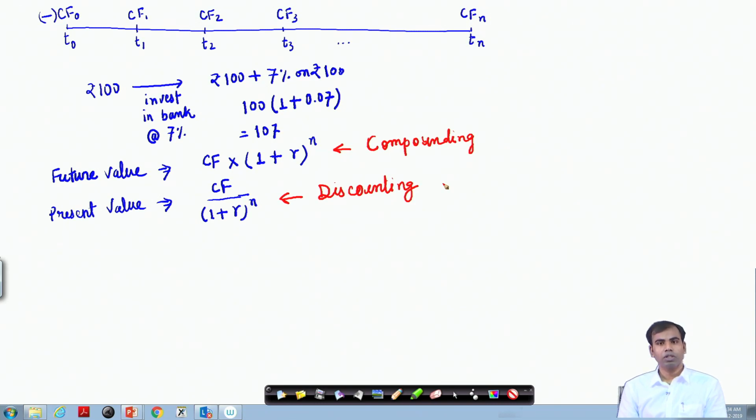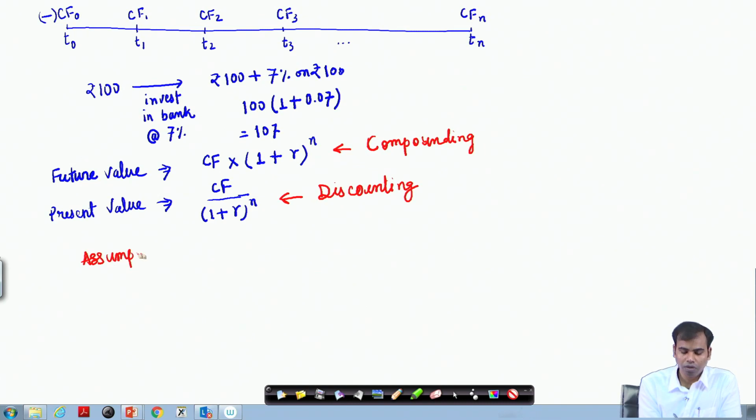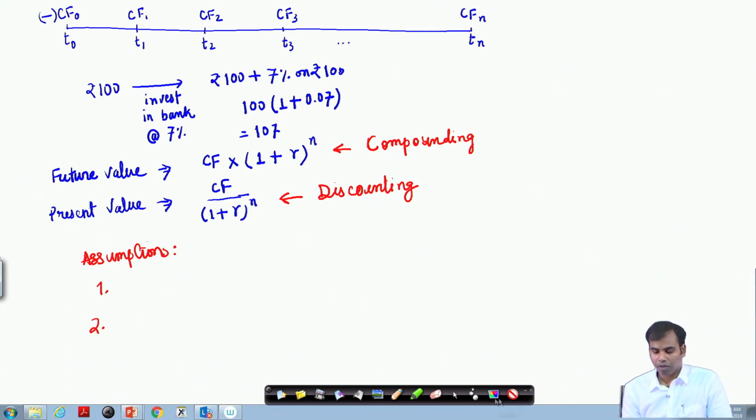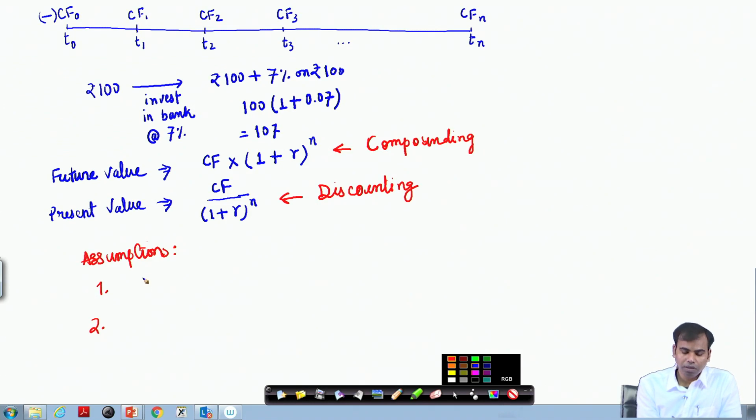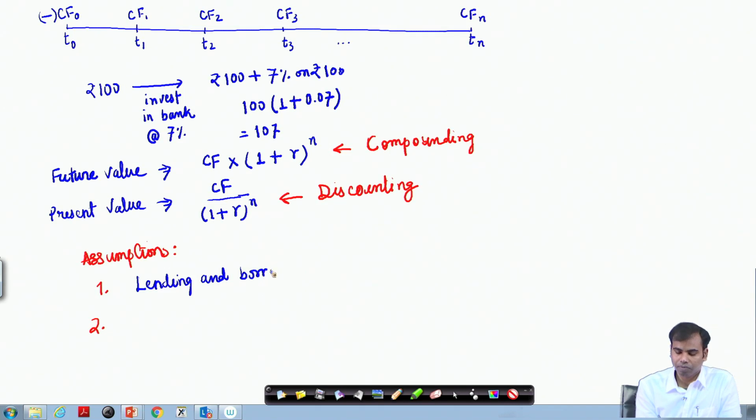Now, when we try to use the discounting method, there are two major assumptions. So, if we can highlight those assumptions before we move on. The first assumption is that the lending and borrowing rates are the same.